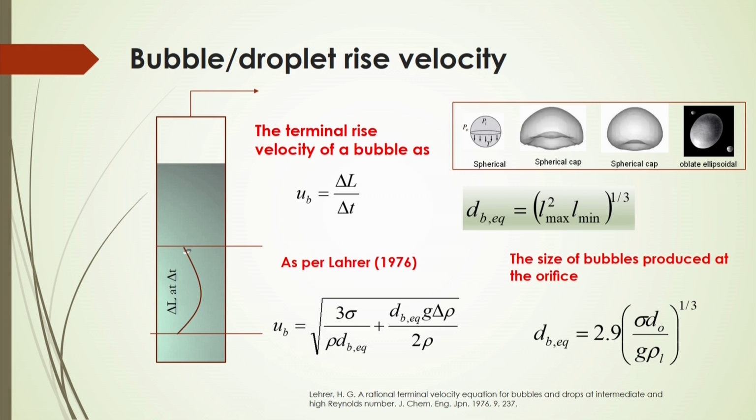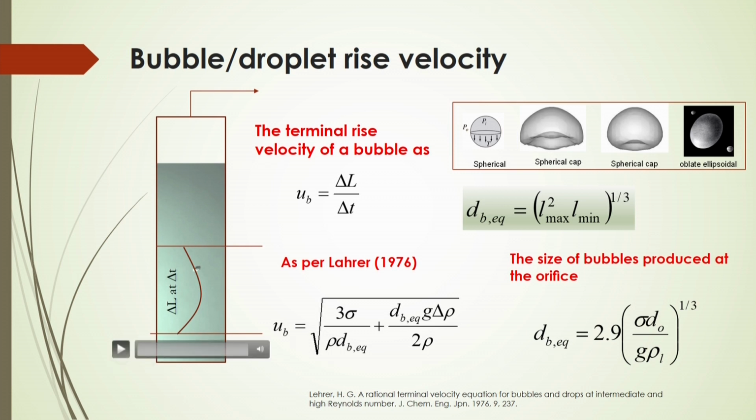Now, if you consider these bubbles as shown here in the video, from the bottom part of the column, individual bubbles released from a syringe or nozzle are going up due to their buoyancy effect.